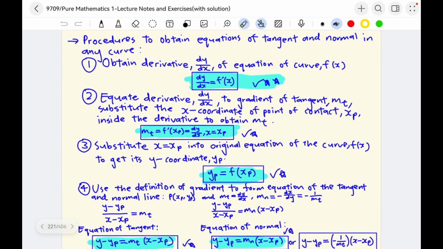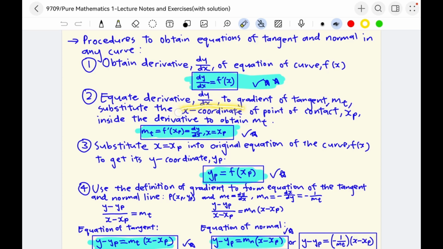Next, equate the derivative to the gradient of the tangent. You just have to know the fact that dy/dx equals mt, the gradient of the tangent.